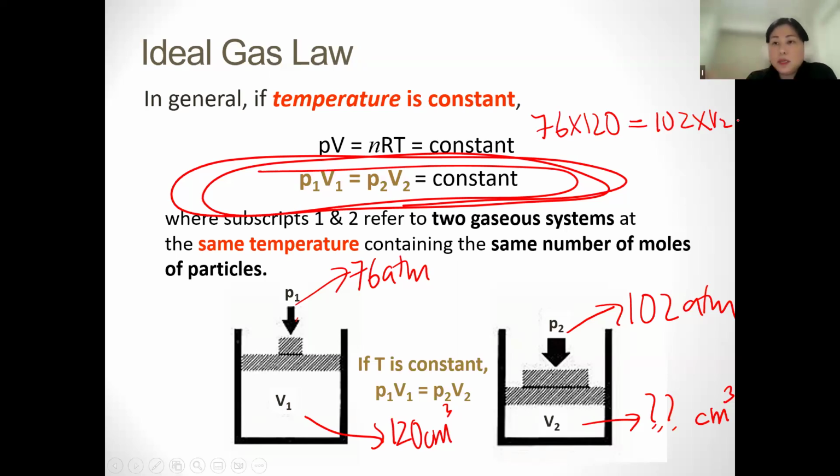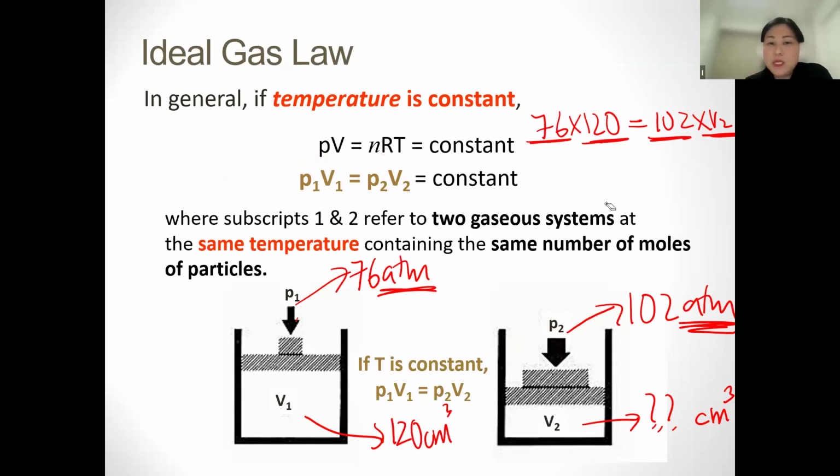I just take the values in their given units and sub in. It's fine. There's no need to convert as long as the units on both sides are consistent. So this is ATM, this is ATM, this is cm cube, this should be in cm cube. As long as it's consistent.